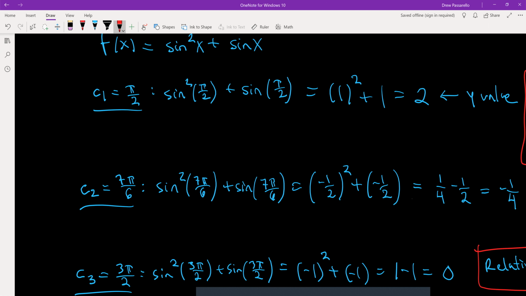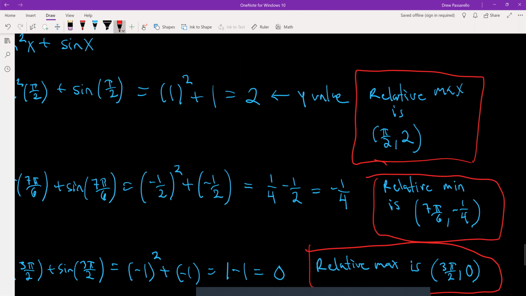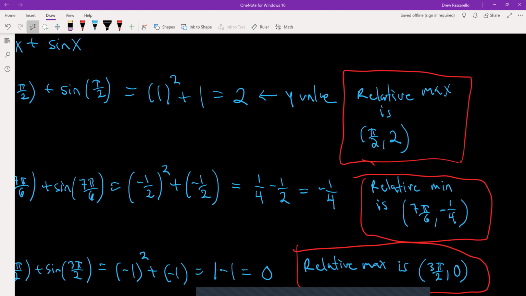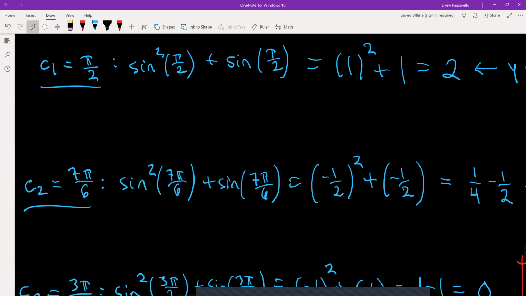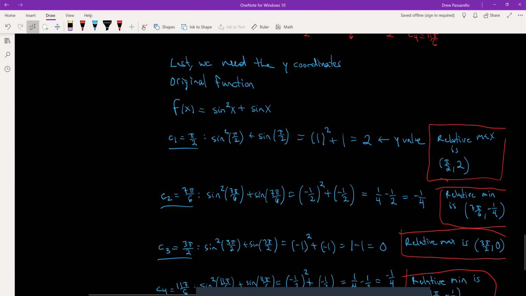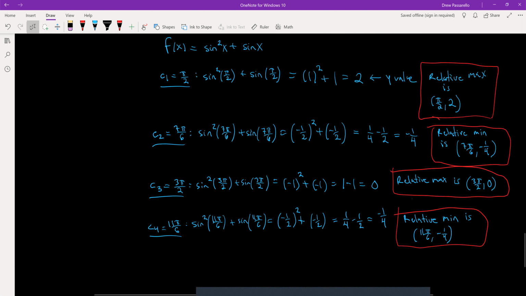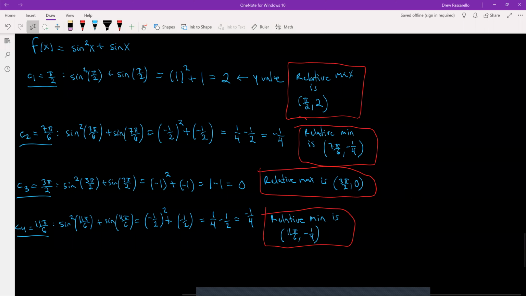When I plugged in pi over 2, I got 2 as the output, so that gave me relative max pi over 2 comma 2. Now the rest I went ahead and worked out. And these are the corresponding values I get. And I determined, well, it goes relative max, relative min, relative max, and relative min. And that's the answer, looking for these extrema.